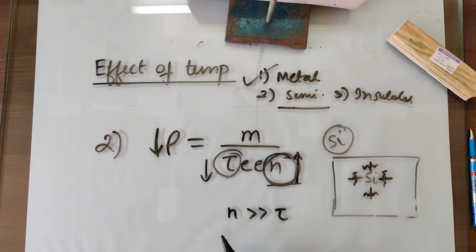So n matters more than tau. So finally, for an insulator, the electrical resistivity increases exponentially with the decrease in temperature.